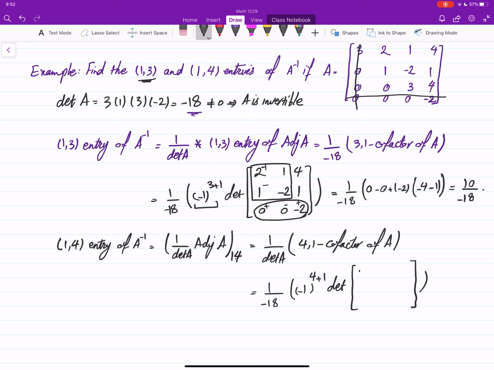The submatrix is 2, 1, 4, 1, negative 2, 1, and 0, 3, 4.